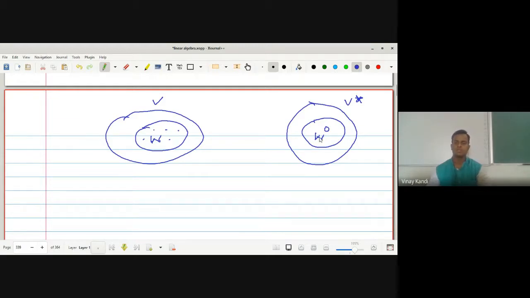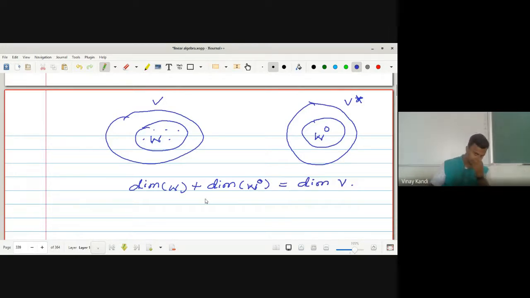Okay, that is W, annihilator of W is a subspace of V star, and we have to prove that dimension of W plus dimension of annihilator of W is equal to dimension of V. ओके, कळतंय का काय चालू आहे?